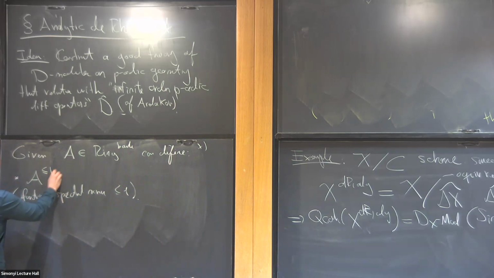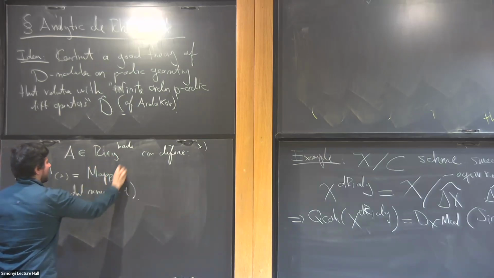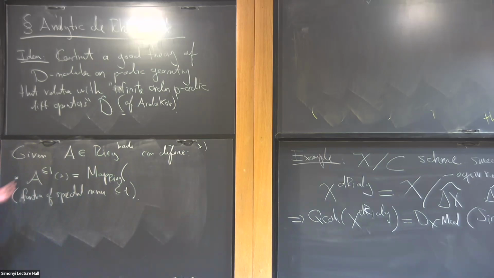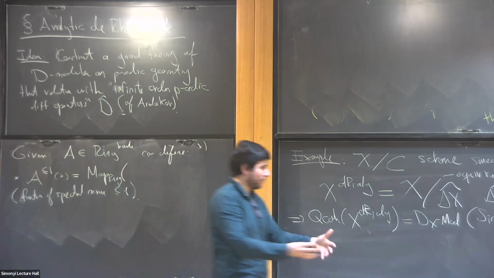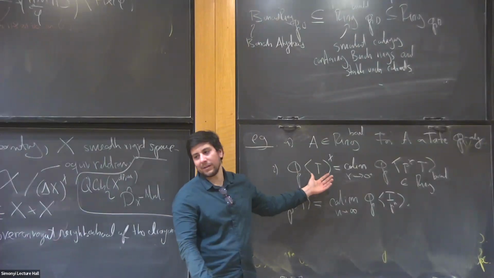At least at the level of points, you can define this as maps of rings. You basically just need to model these objects by the condition to be of norm less than or equal to 1, and this is precisely what this overconvergent algebra is capturing.